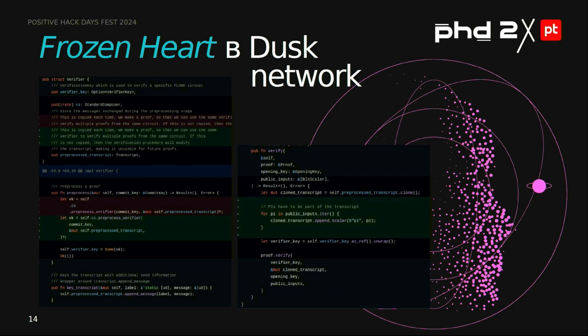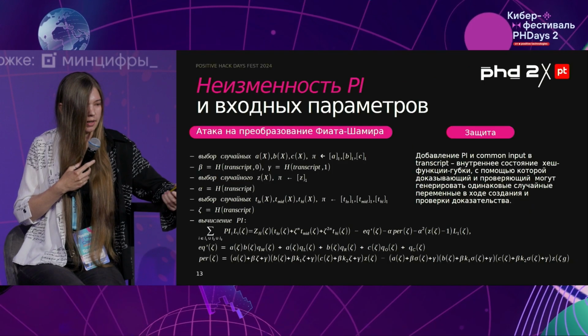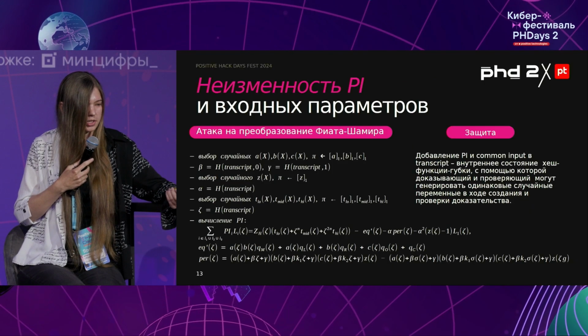This vulnerability, called Frozen Heart, was there in Dusk Network. It allowed you to transfer an unlimited amount of money. Here the fixes for this vulnerability are shown. On the right-hand side, the corrections are shown. We initialize the transcript with the public input.